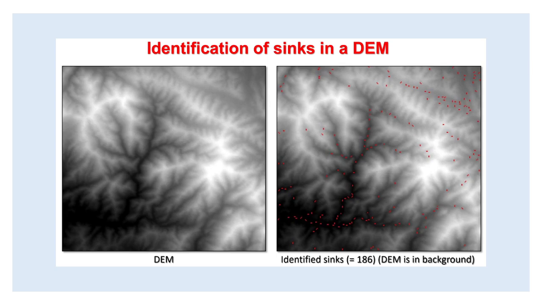Along that drainage we can see a lot of red dots. These are the identified sinks. So 186 sinks have been identified with the digital elevation model in the background. Some of these sinks can be single cells, or some can be a set of cells. It's not necessary that it should always be a single cell. It can be a set of cells too.